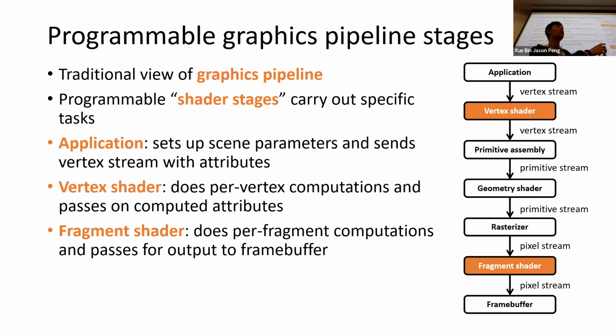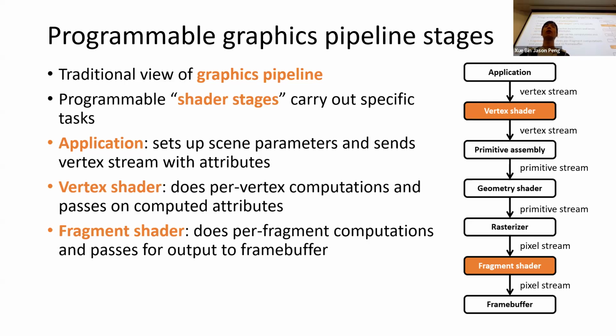So given the vertices produced by the vertex shader, we are going to project all those triangles onto the image plane. We are going to figure out which pixels are covered by the triangle. And then for each one of those pixels, we are going to apply the fragment shader to calculate the color that we should assign that particular pixel.